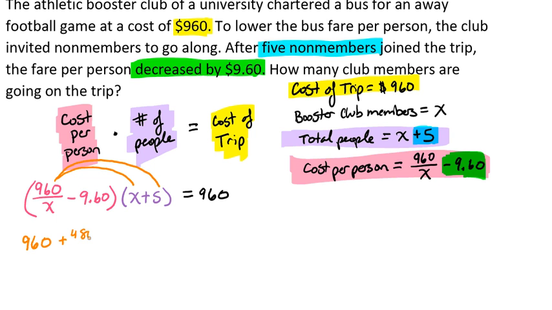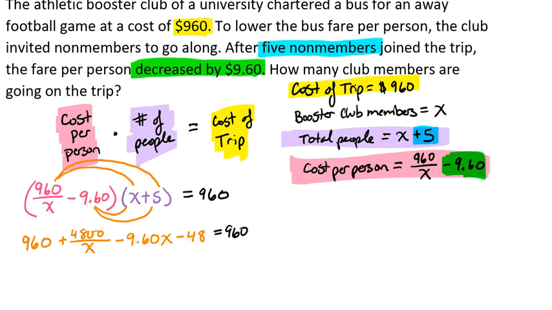So we have a positive 4,800 over x. Then we'll take our negative 9.60 times x, and that gives us a negative 9.60x. Then we'll multiply that negative 9.60 times 5, and that's going to give us a minus 48, and that's still all set equal to the 960.